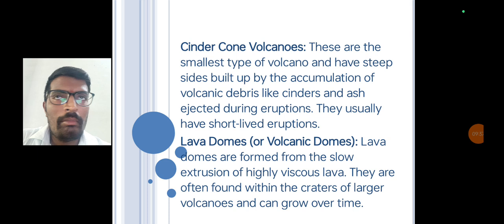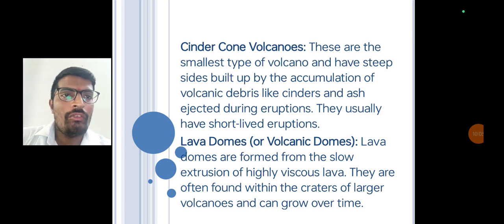It simply means that because of the high viscosity of the lava ejected onto the ground surface, it piles up within the crater and looks like a dome shape. They can grow over a longer period. So these are the different types of volcanoes.